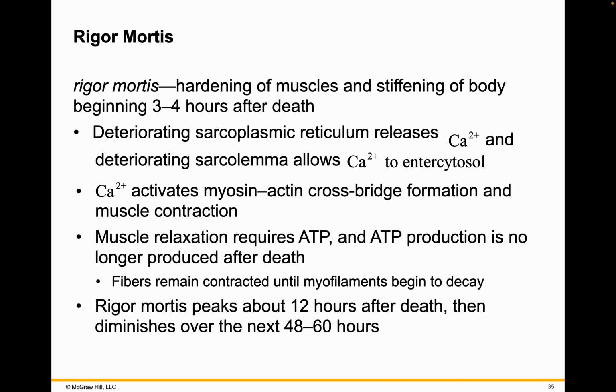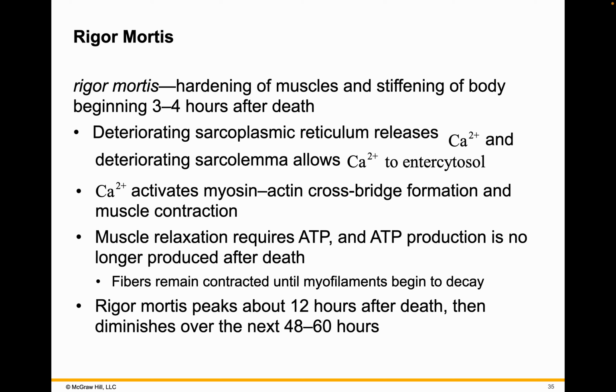Rigor mortis is a hardening of the muscles, a stiffening in the body that begins about 3 to 4 hours after death, typically. After that, the deteriorating sarcoplasmic reticulum will release calcium, and the deteriorating sarcolemma allows the calcium to enter the cytosol. That calcium activates myosin cross-bridge formation and the muscles contract.